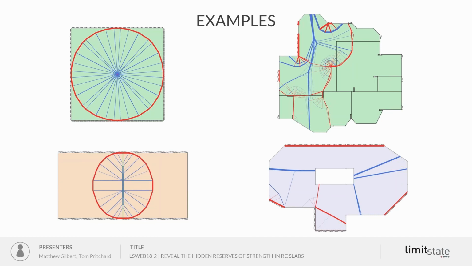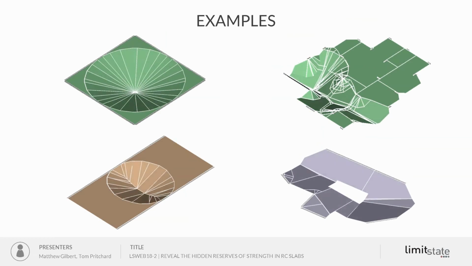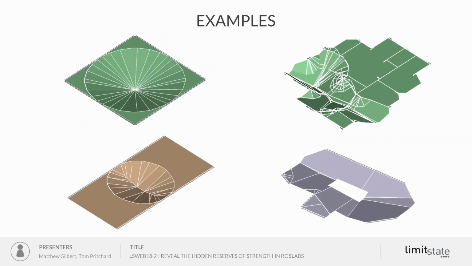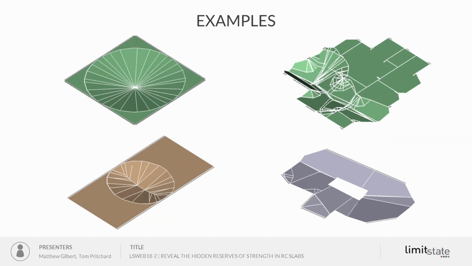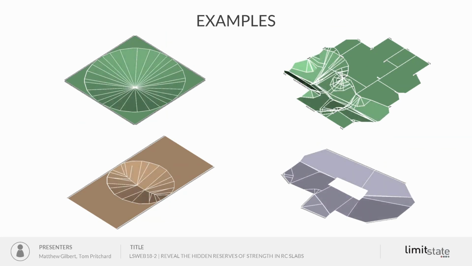The patterns on the right were identified using LimitState SLAB, and you can see those would be very, very difficult to identify by hand. That's the real benefit of a tool like LimitState SLAB, which has systematically automated the yield line method. And we can now just see, to help visualize what's going on, the modes of response.